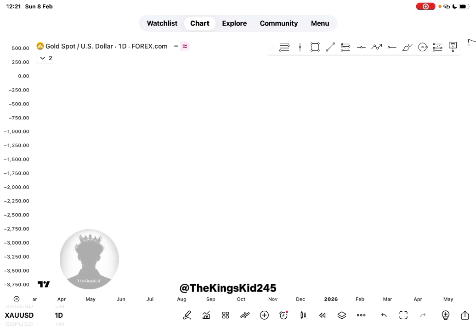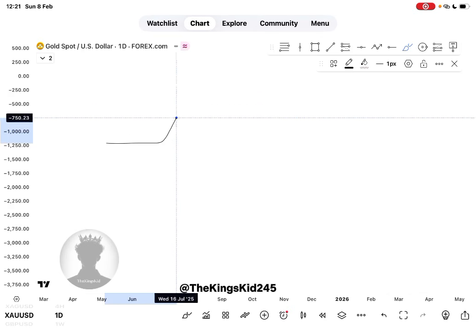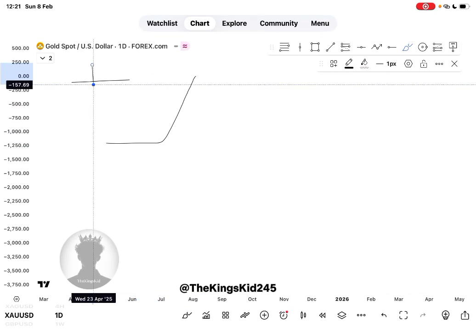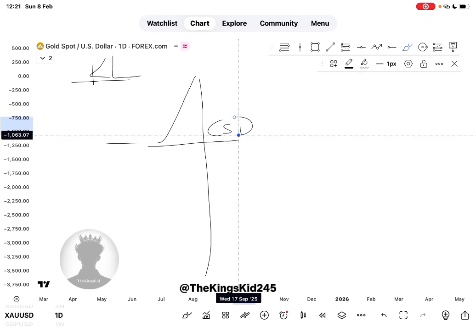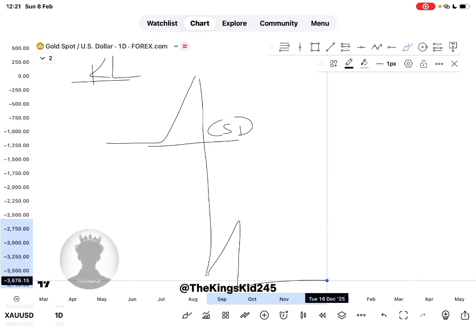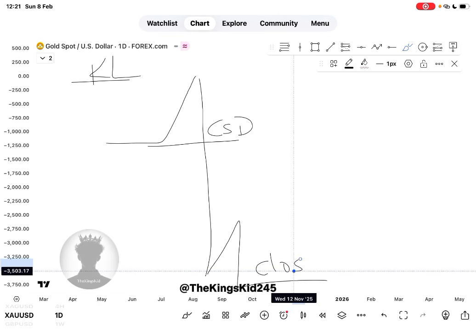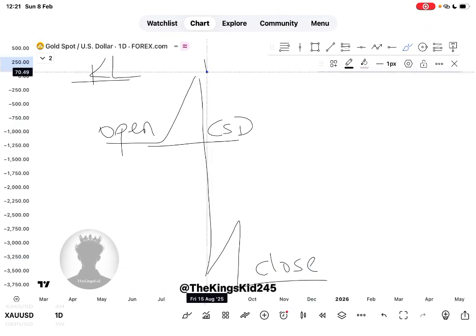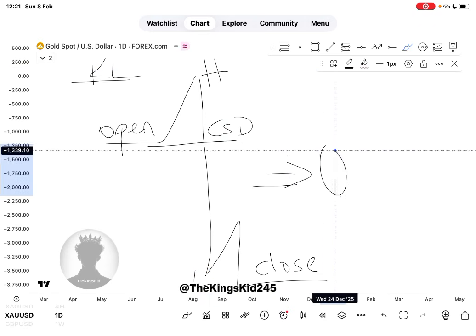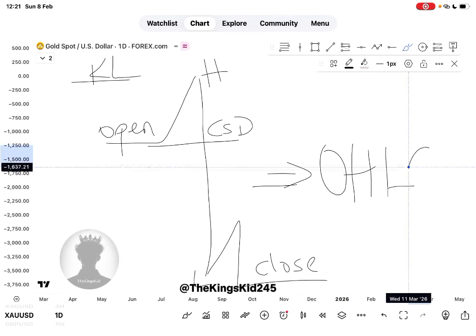So you have something like this. Market opens, makes a high into a key level, comes back, gives you a CSD, and boom, closes. So it opens, makes a high, makes a low, and closes. This is open high low close.